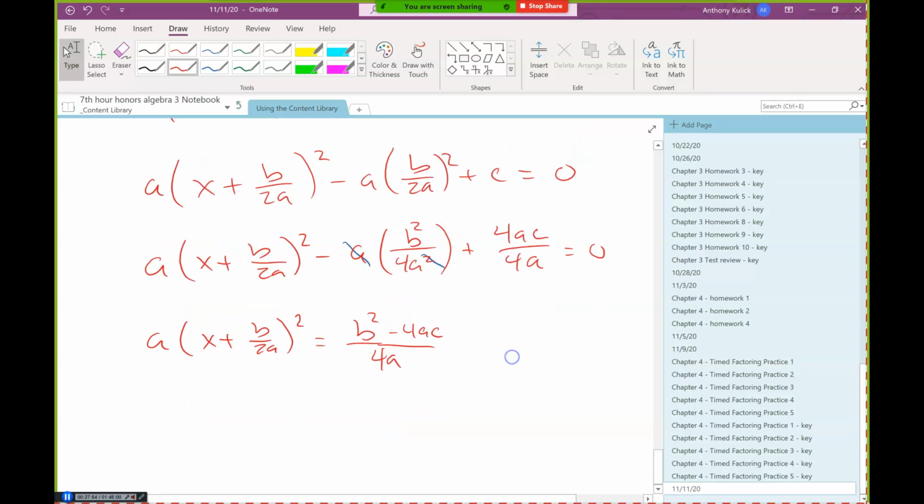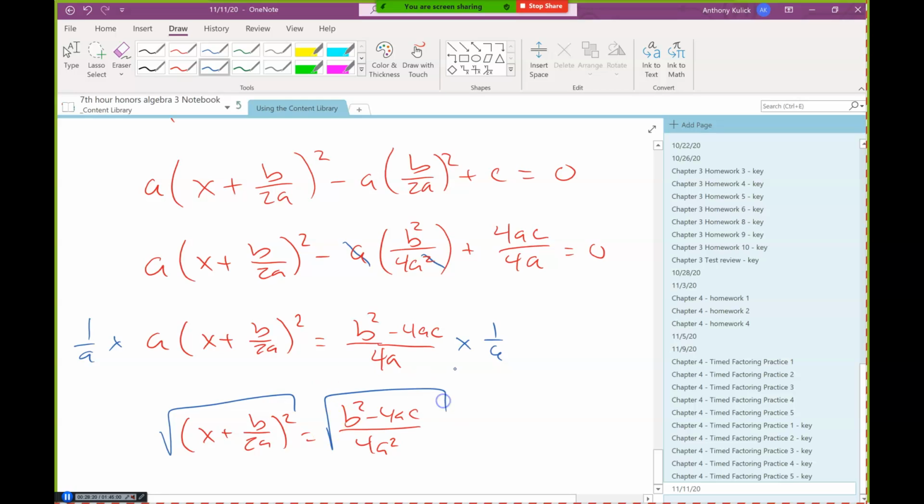We'll divide both sides by a, or really the way I think about this is just multiplying by the reciprocal. Since there's fractions involved, it's a little bit easier to think about that as a multiplication problem than a division problem. So a times 4a is 4a squared. And then we'll square root both sides.